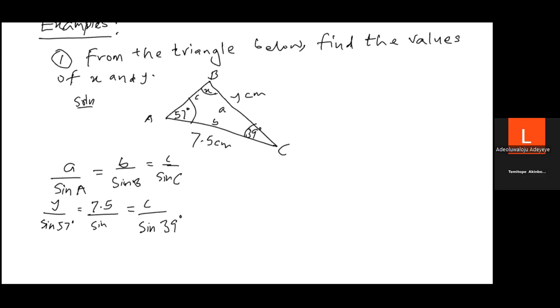Now the question says we should find x and y. And remember I told you, you can combine any two. So how do we do that now? How do we combine?